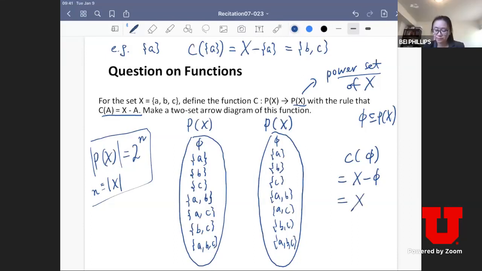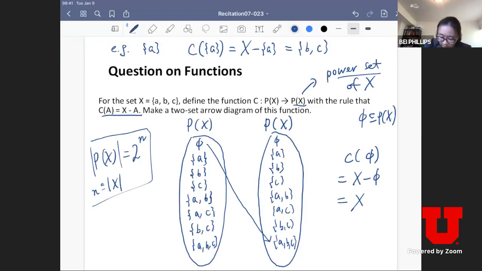Yeah, which is itself, right? So what this means is that if I take the empty set, it's going to map through an arrow to its output of the function, which is the entire set. Okay. What about if my input is A, the set A? What is the output of this function?